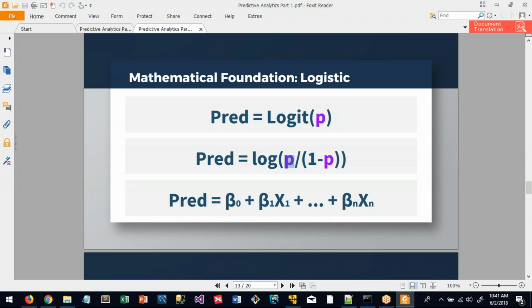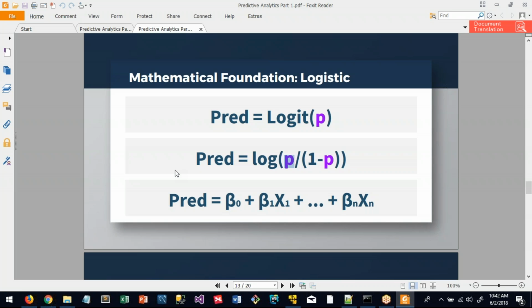Now, what are these p values basically? This p represents the probability that eventually the pred value will be either 0 or 1. Let me explain it a bit further. So p in this case means whether a person will get a heart disease or not.